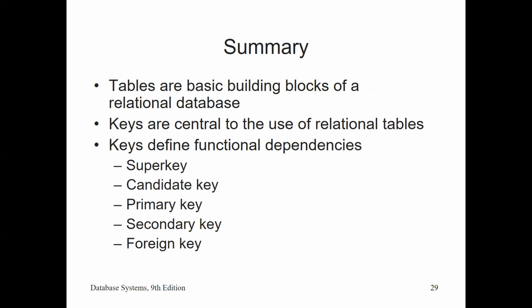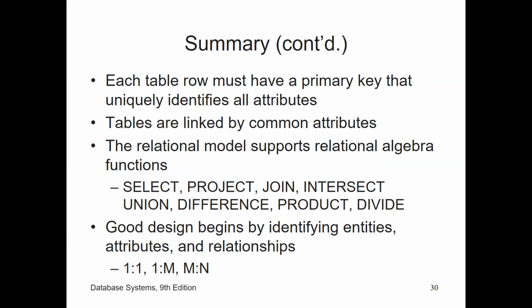To summarize this lecture, tables are basic building blocks of a relational database. Keys are central to the use of relational tables. Keys define functional dependencies. The keys include superkey, candidate key, primary key, secondary key, and foreign key.